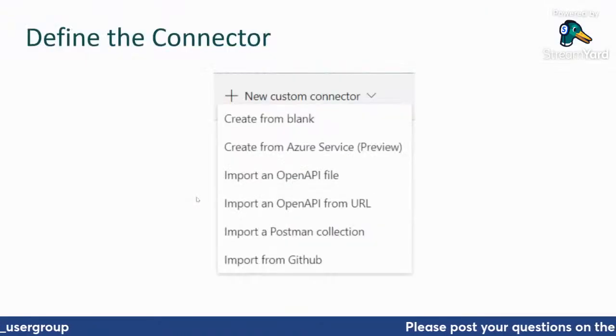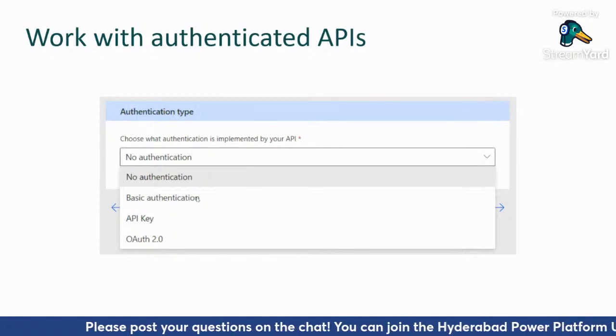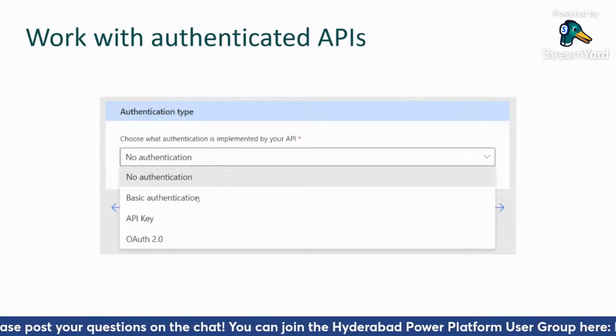All right, so that covers how we can work with those authenticated APIs, because whenever we want to define our own custom connector, it is pretty important to find out what kind of authentication and authorization we are going to use.